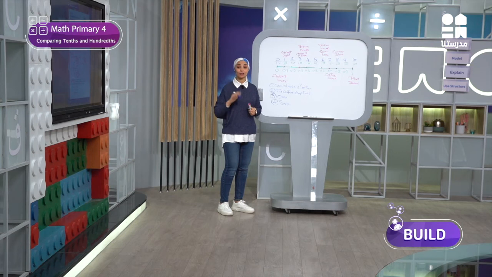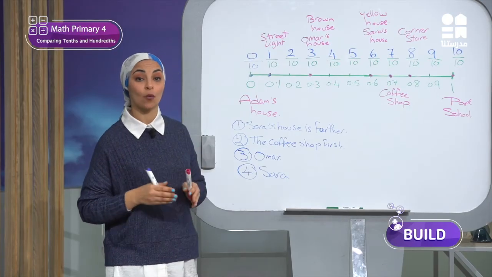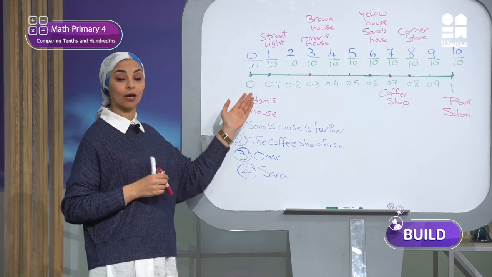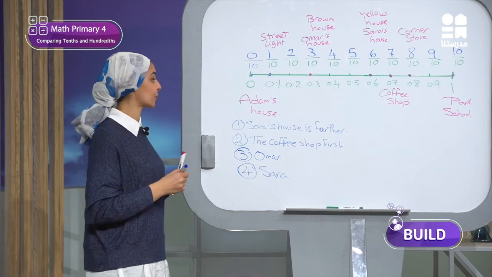In the fifth question, we want to know the distance between the street light and Omar's house. طيب من النمبر لاين هنلاحظ ان عمر's house 2 places away من street house.